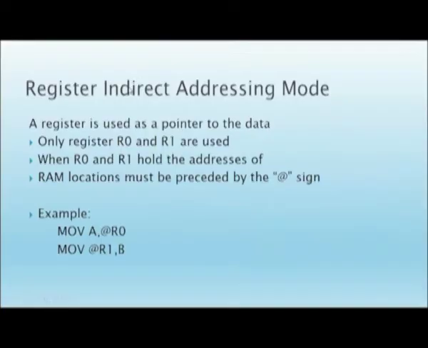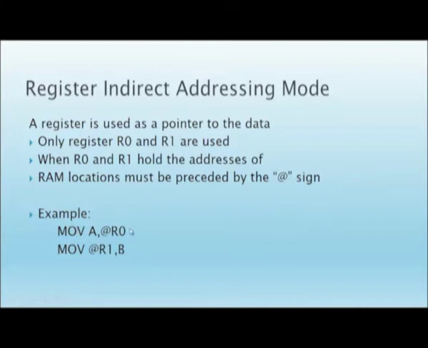The last one is register indirect addressing mode. What does it represent? The register is used to point to the data, to read the data. We have registers R0 to R7, but only R0 and R1 are used to access in this way, which is indirect access; the remaining are not used. The special symbol we use is @, and only R0, R1 and the DPTR can be used for indirect accessing.